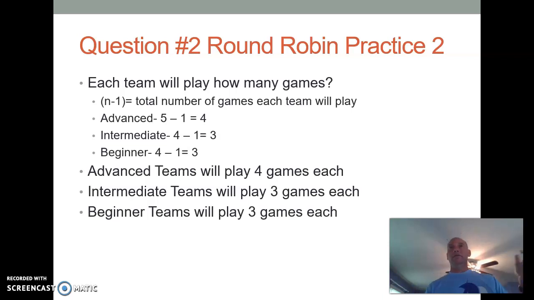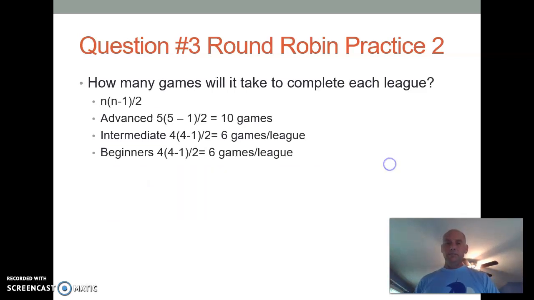In intermediate, we have 4 teams in each league, so it's 4 minus 1, so 3. And beginner will get 4 minus 1, and they'll get 3 as well. So we know that each advanced team is going to play 4 other teams, intermediate 3 and beginner 3. So we know that information now as we get ready to put together our schedule.